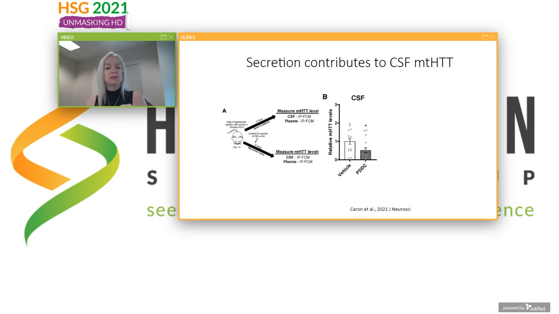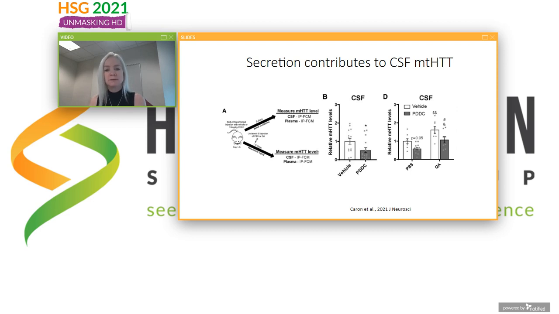And we went on to investigate this for CSF by giving mice an inhibitor of this secretion pathway. And we saw that a secretion inhibitor reduced the CSF mutant huntingtin component significantly. When we combine this with that acute neurotoxin, we see that even in neurotoxic conditions, inhibiting secretion of huntingtin reduces CSF mutant huntingtin.